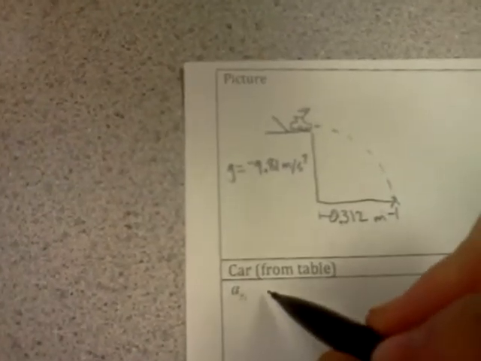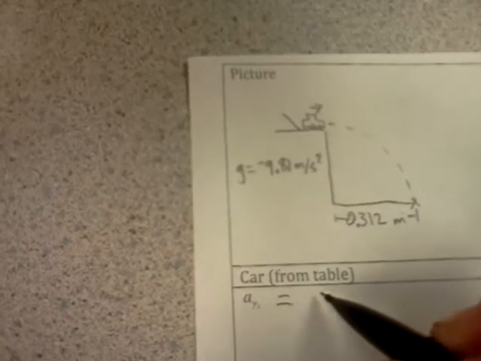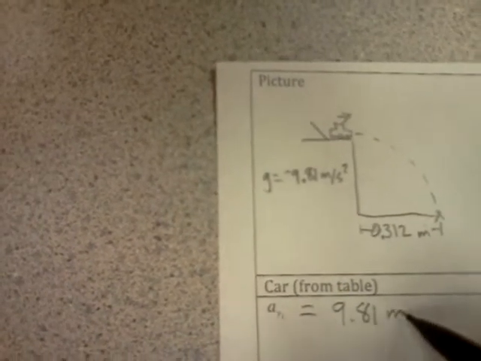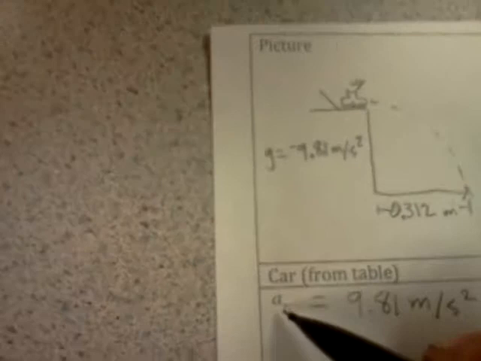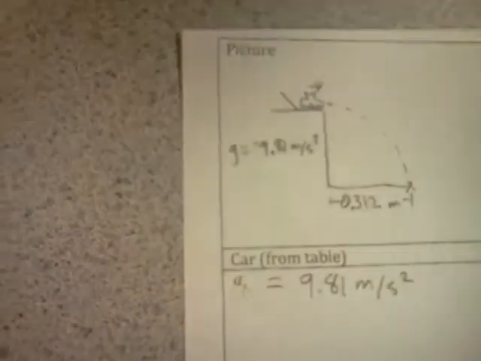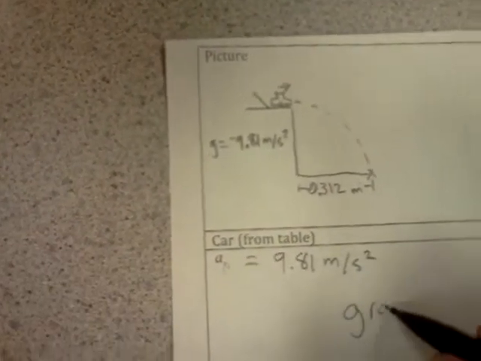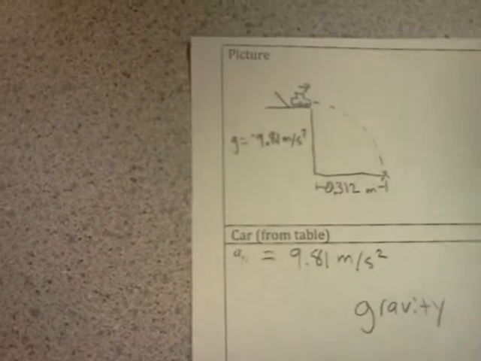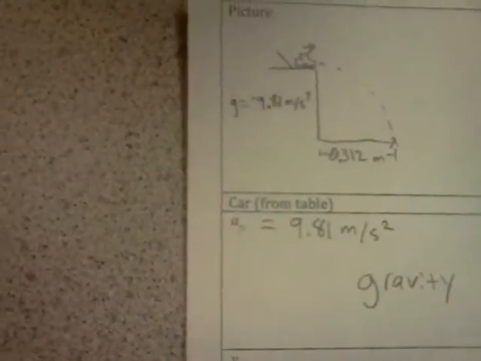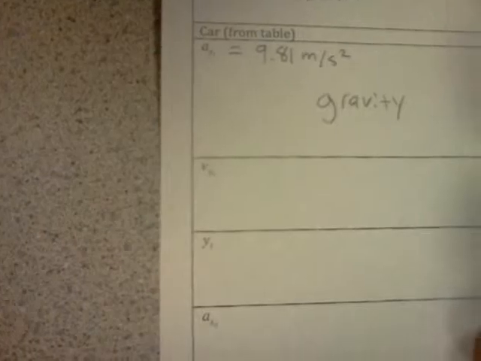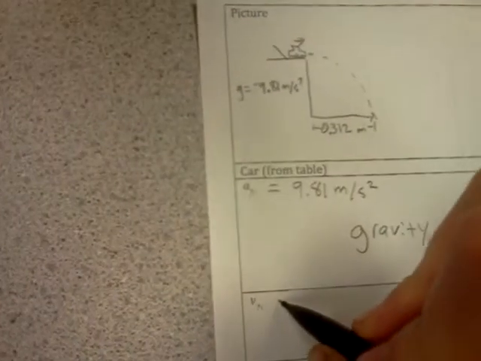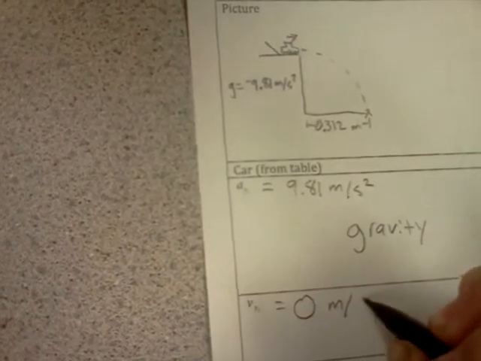So I can already start filling in my table for some of the things that we know. We know that acceleration is negative 9.81 meters per second squared in the Y direction, because that's gravity. We also know, based on our setup, since my car is leaving flat, horizontal, that my initial velocity in the Y direction is 0 meters per second.